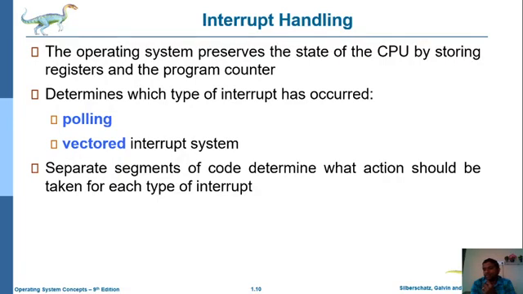Another type is the polling interrupt system. So there are two types of interrupts: vector type and polling type. We already know what is meant by a vector type interrupt.